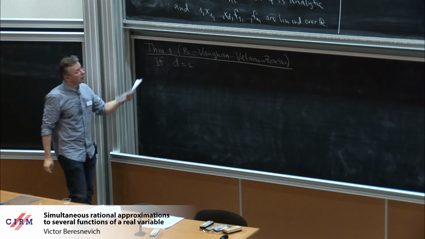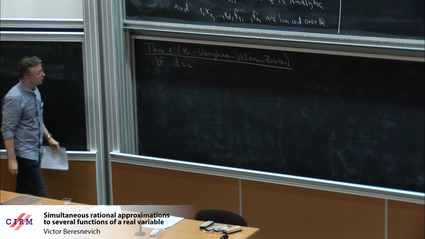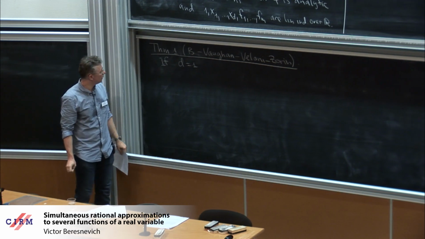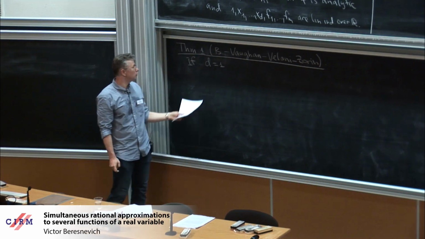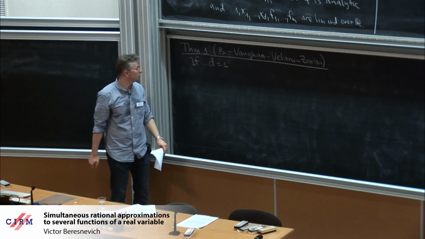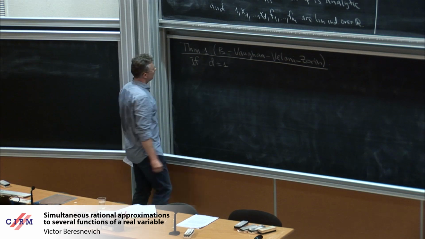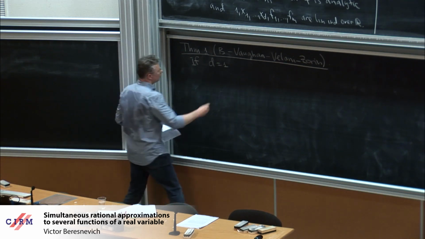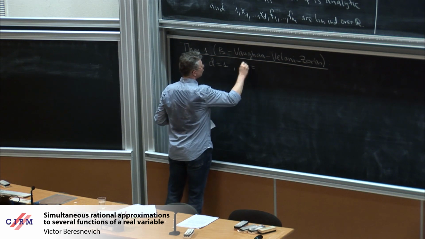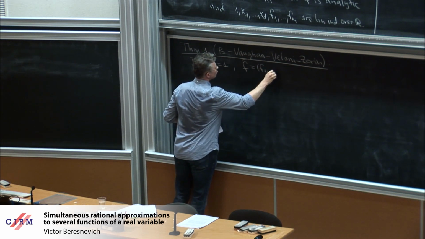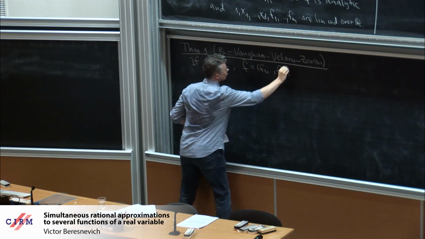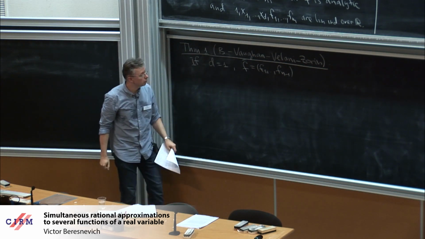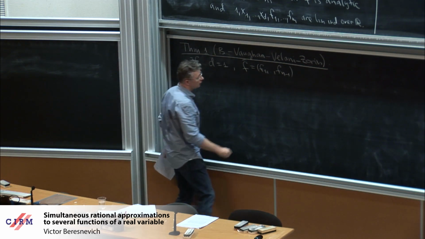So beyond the class of analytic functions, we've been able to deal with functions of one real variable. That's why I'm putting this assumption, d equals 1. So my map f becomes f1 to fn minus 1.